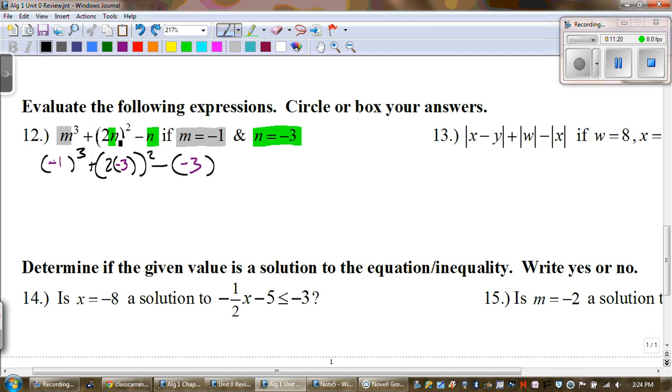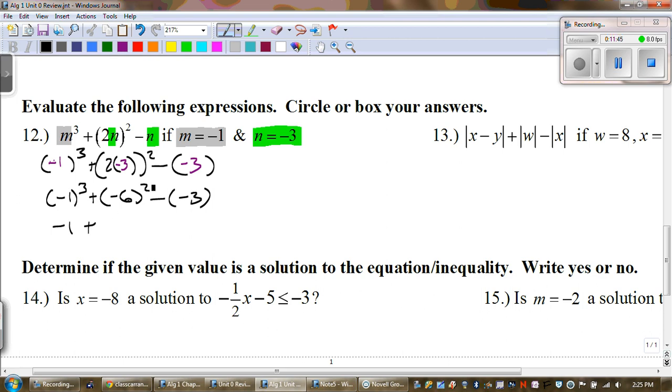So we have to do parentheses first. So 2 times -3 is -6 squared. Okay, -1 to the third power. We just did that. -1 times -1 times -1. Well, that's -1. Plus -6 squared.